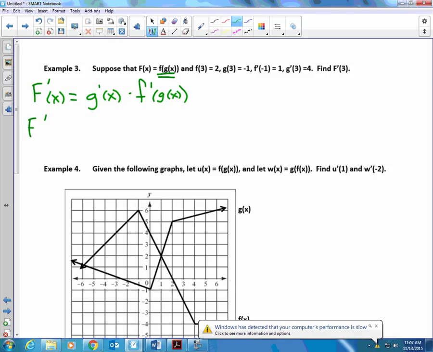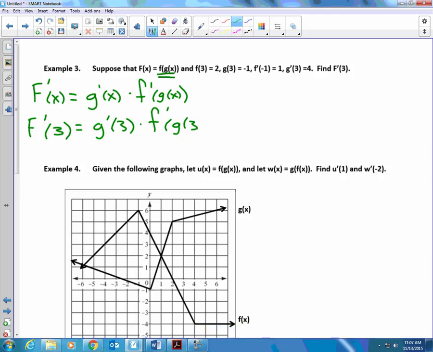So we're trying to evaluate F prime of 3. Well, now it's easy. We have g prime of 3 times f prime of g of 3. Okay.